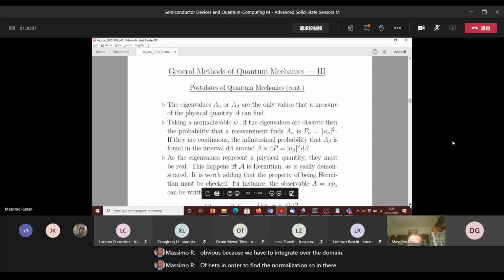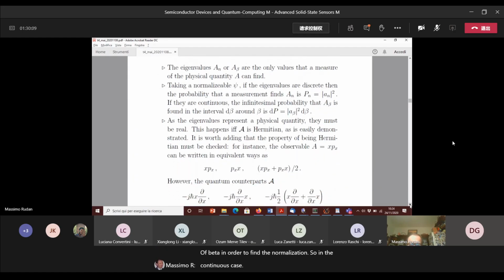So in the continuous case, we must define an infinitesimal probability, square modulus of a(beta) times the differential d beta, and this is the infinitesimal probability that the measurement provides an eigenvalue that is in the interval d beta around beta.